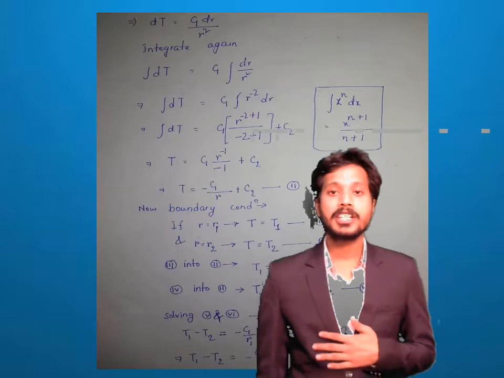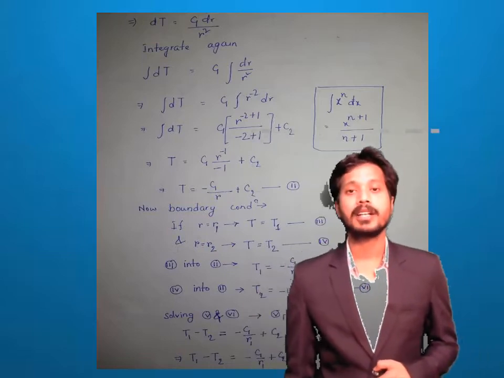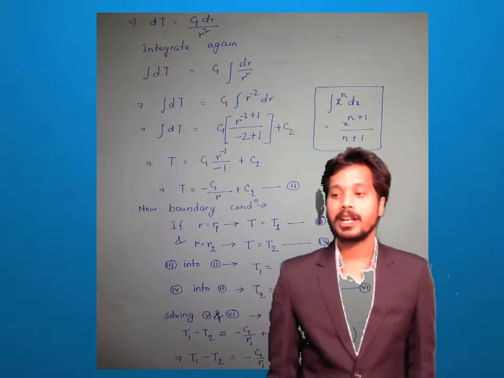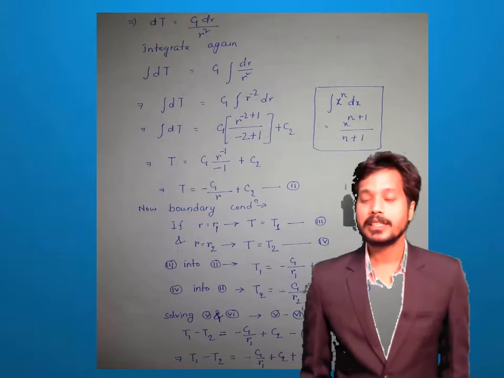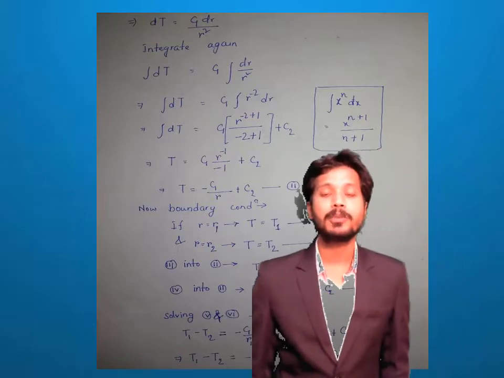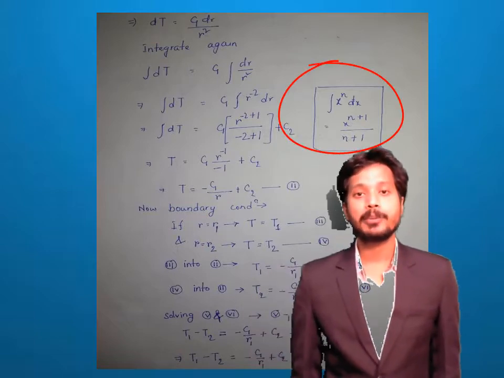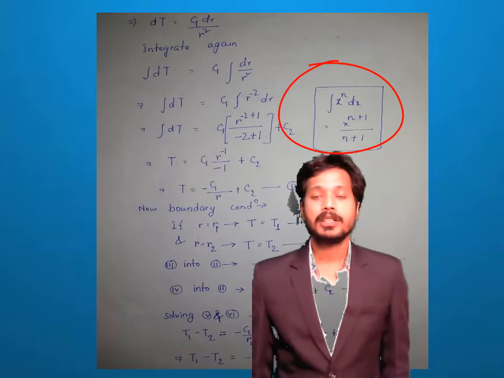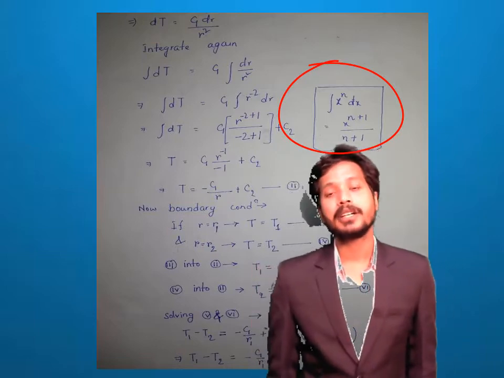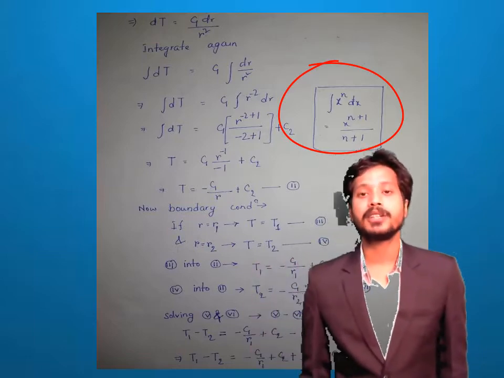Next, integration of dT equals C1 into, 1 by r square we can write as r to the power minus 2 into dr. Now if we continue, the integration of x to the power n, the formula is x to the power n plus 1 by n plus 1. So here x is compared to r and n is compared to minus 2.